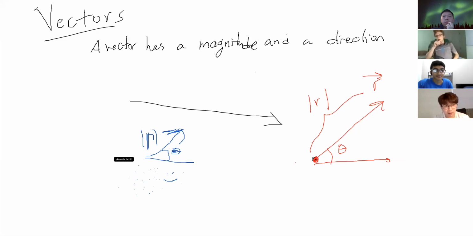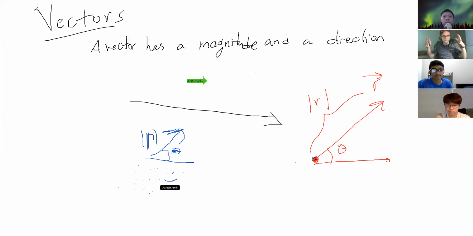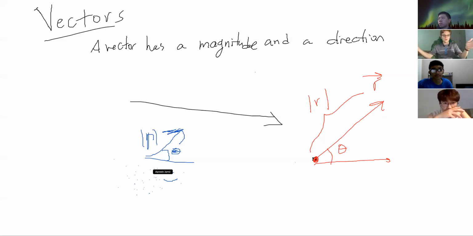Now, when it comes to using direction, we need to orient that direction with respect to something, right? We can't just say it's facing left or right. Left of what, right of what?